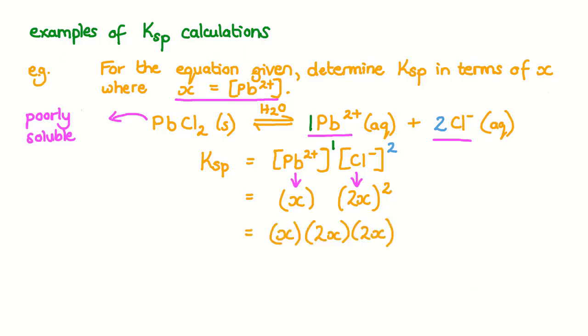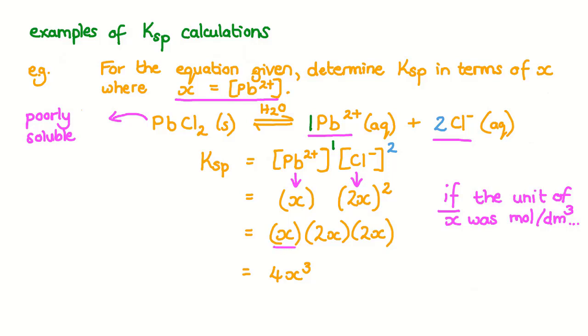We can solve this different ways, but one way is to multiply everything out, and we get an answer of 4x cubed. Now we do not know the unit of x, but imagine the unit was mole per dm cubed. We would have mole per dm cubed multiplied by 2 mole per dm cubed multiplied by 2 mole per dm cubed. This would give a final answer with a unit of moles cubed per dm to the 9.